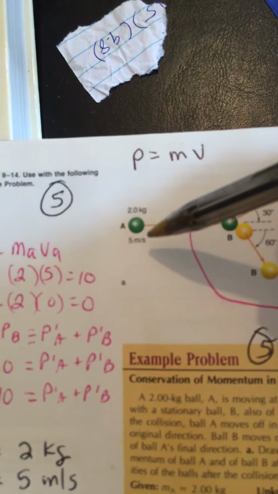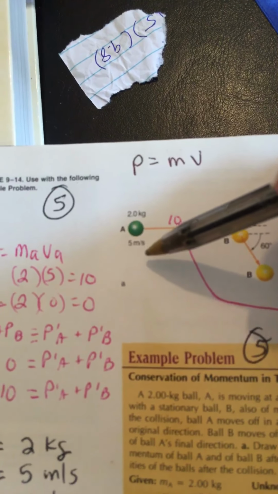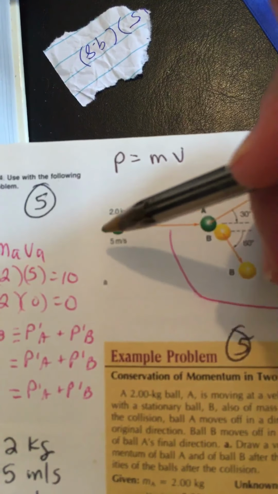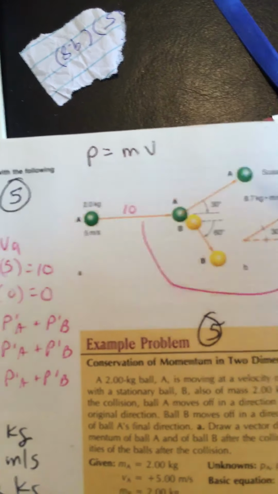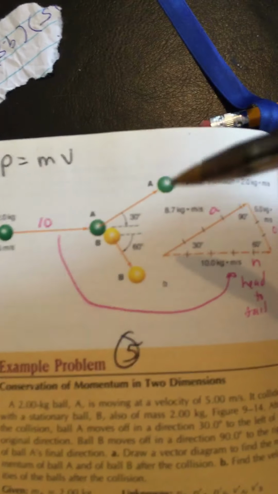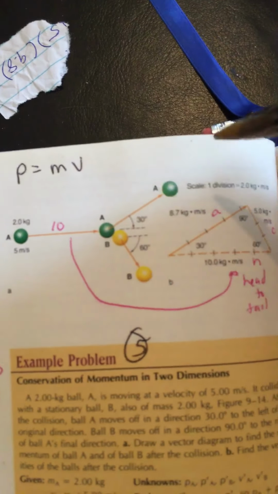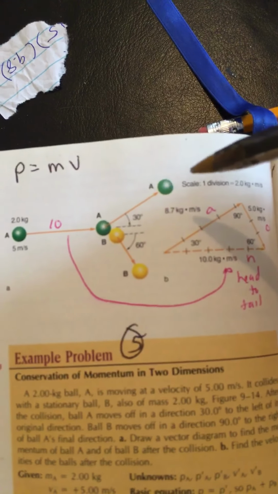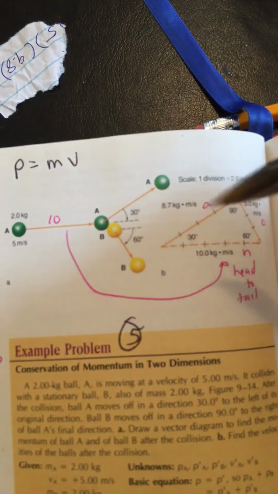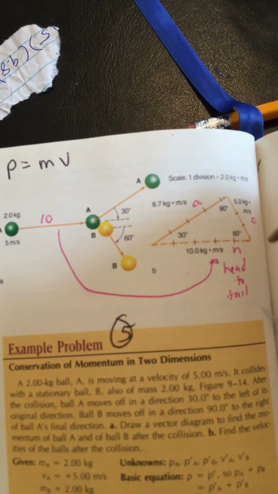So my mass is 2, my speed is 5, so the momentum of this ball coming in is 10. Now, here's my angle of 30 that this ball is going to go off at, and this ball is going at 90 degrees.